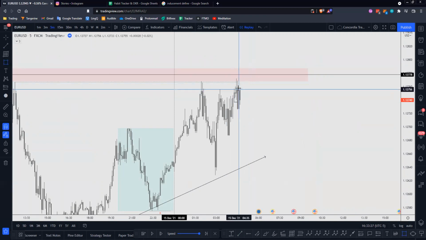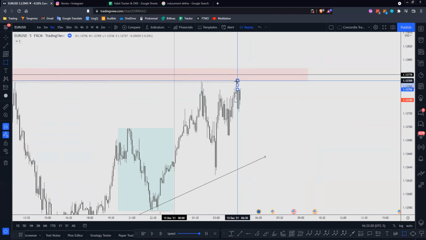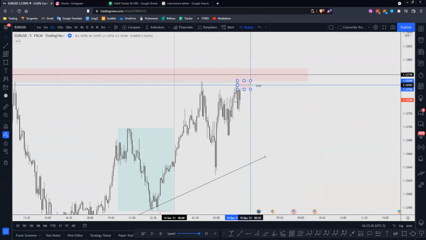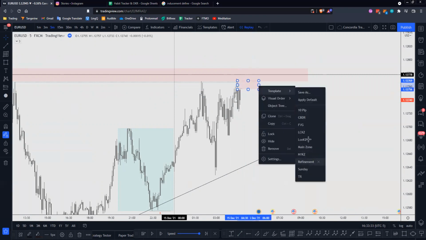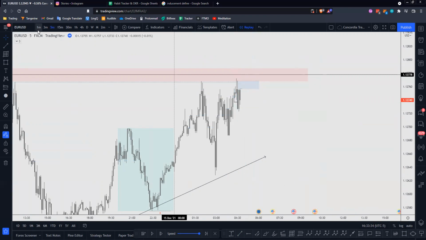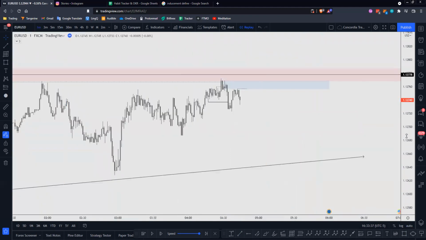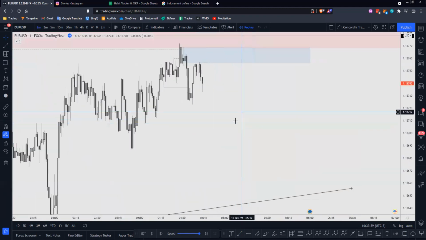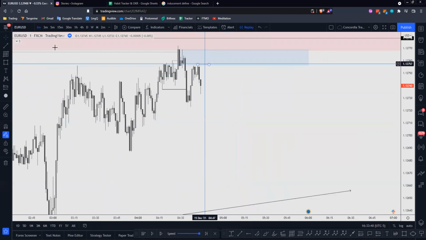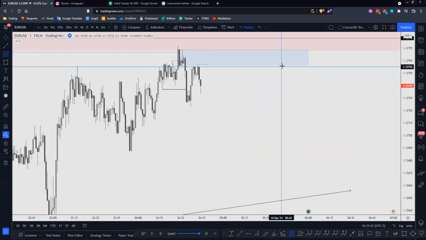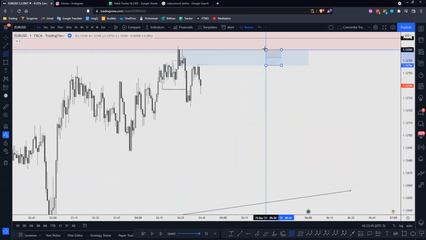We have this wick. Okay, we have a nice wick here. Again, these wicks are going to be mitigated. So just starting out from the higher time frame and going down, you can see that we did mitigate the beginning of that wick. The next possible option for wick mitigation is going to be 50%.